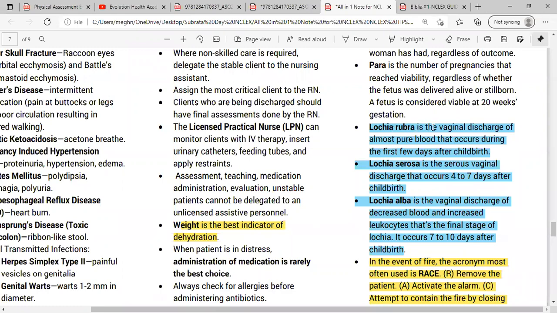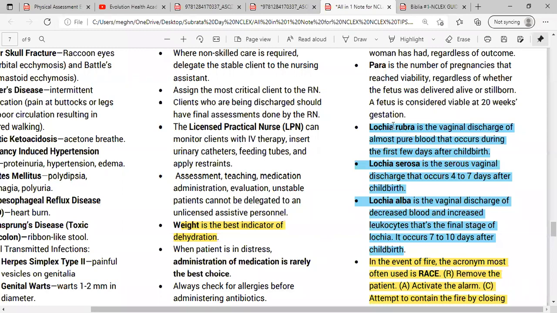Rubra is the vaginal discharge of almost pure blood that occurs during the first few days after childbirth. Rubra is bright red blood, serosa is pink, and alba is creamy yellow.